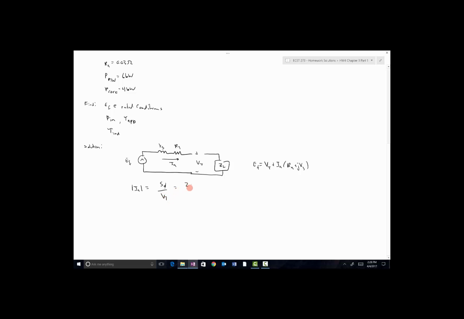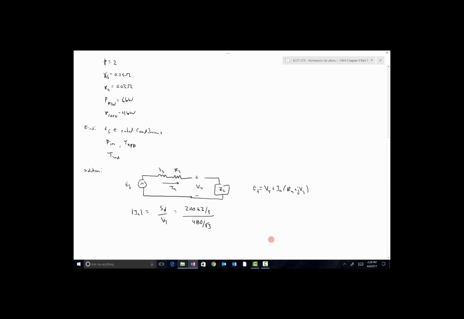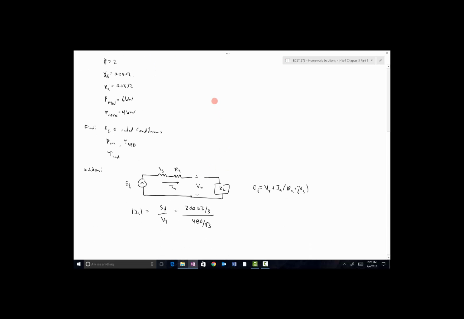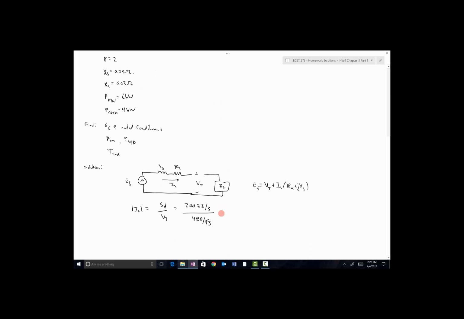So that's 200 e to the third over 3 to get it on a per phase basis, divided by 480 over root 3, right? Those numbers came from here and here. So that gives me a current amplitude of 240.563 amps RMS.